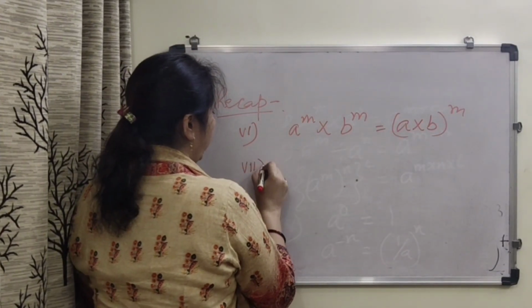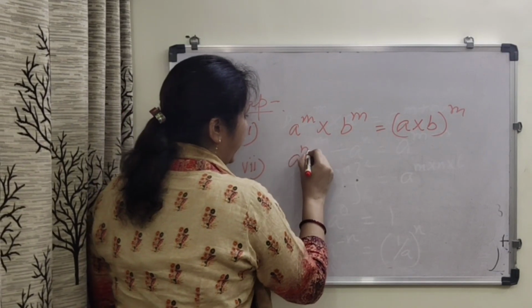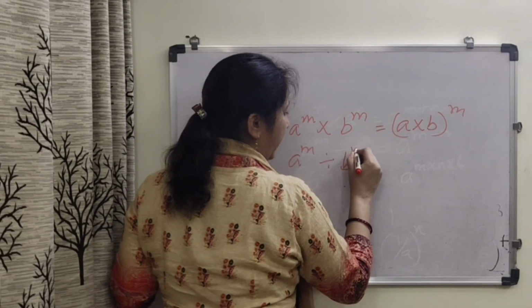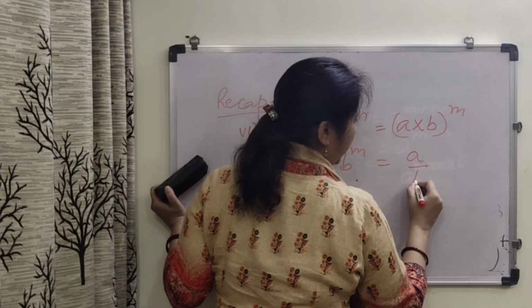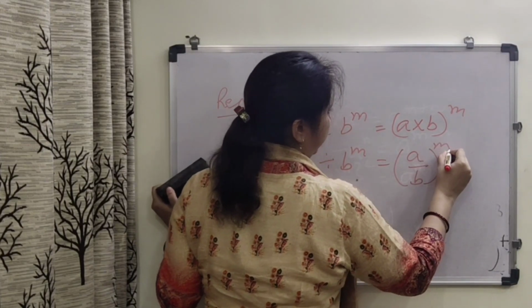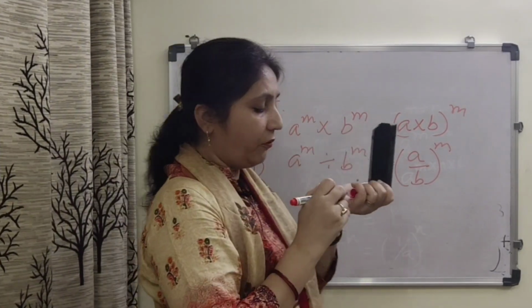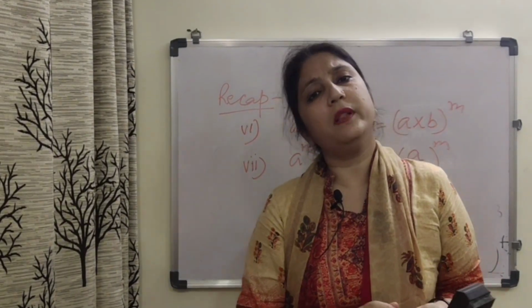And seventh was a to the power m divided by b to the power m is equals to a over b to the power m. Here is the summary of all the laws that I have taught you in this video.